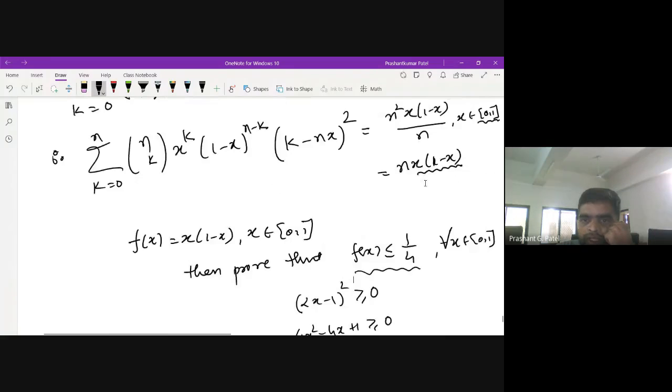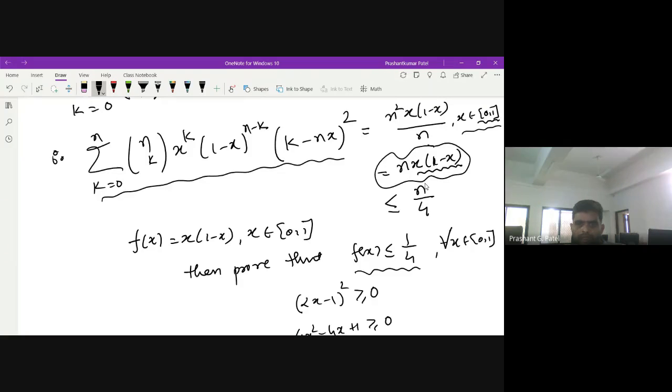So ultimately what we have achieved is that this summation is less than or equal to n by 4 for all x in between this, and we will use this to prove the Weierstrass approximation here.